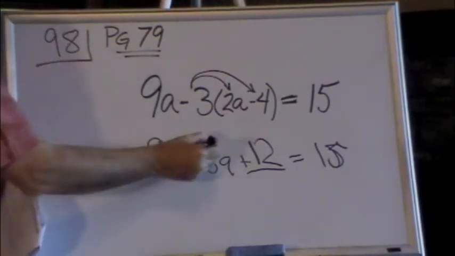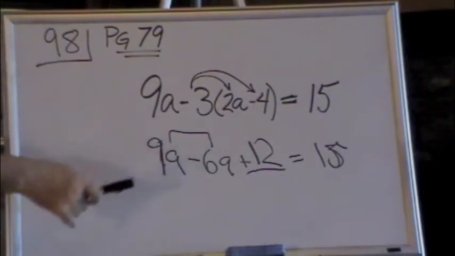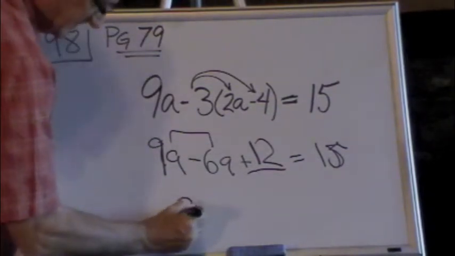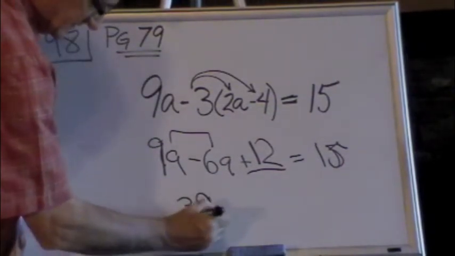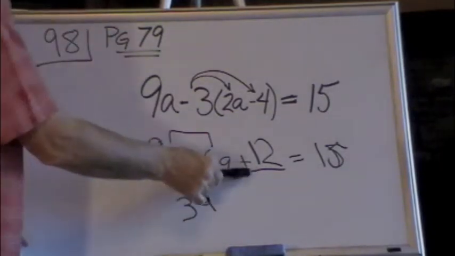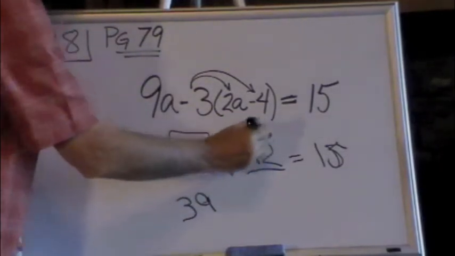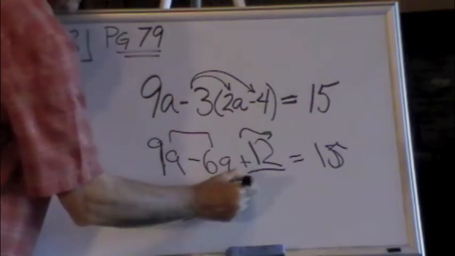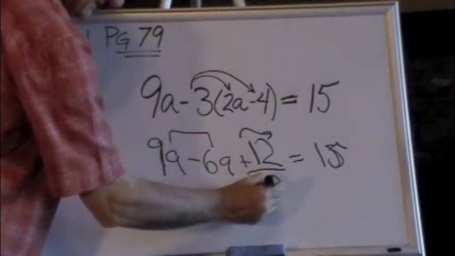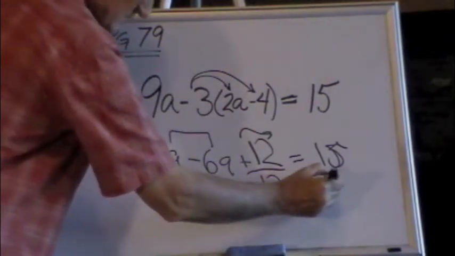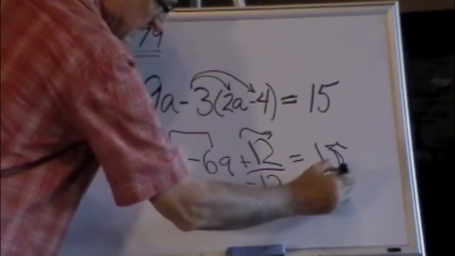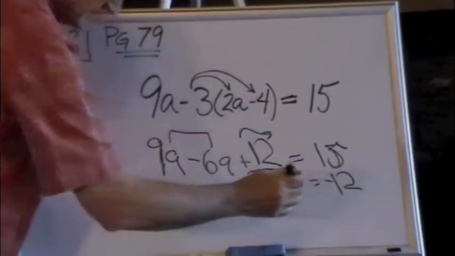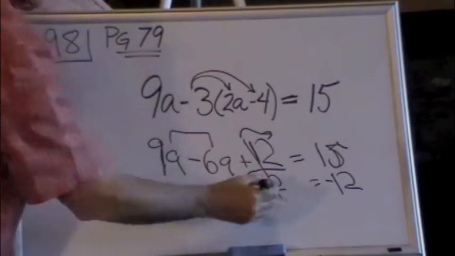What do you do now? Combine those two. What's 9a minus 6a? Yep. There's your 3a. Now that 12 needs to go over there. Plus 12? Yeah, you got that one? There you are. That cancels out.